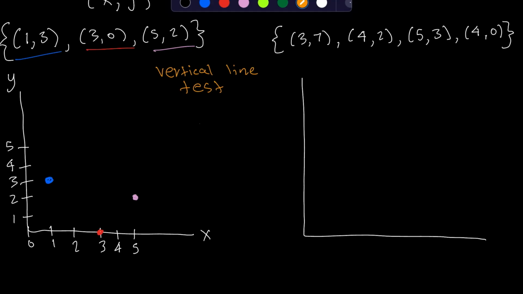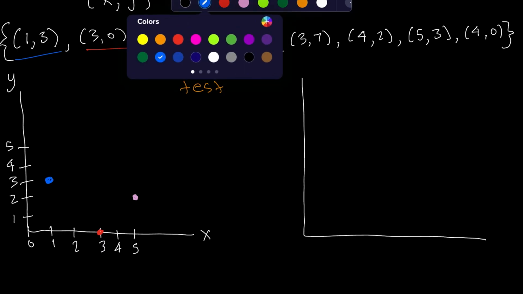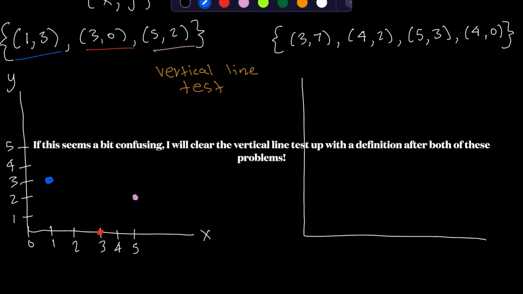So let's say we put a vertical line through any point on the graph. For it to be a function, we cannot have one x value have two different y values, or one input have two different outputs.